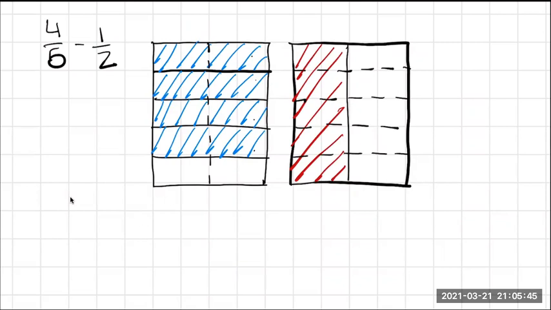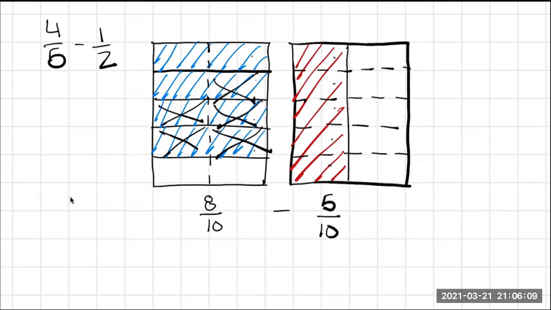So that leaves us with 1, 2, 3, 4, 5, 6, 7, 8 tenths minus 5 tenths. We want to take these 5 and cross out 5 in our 8 tenths. So that leaves us with 3 tenths left over.